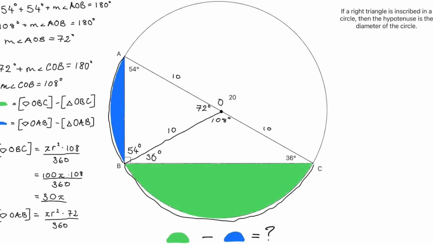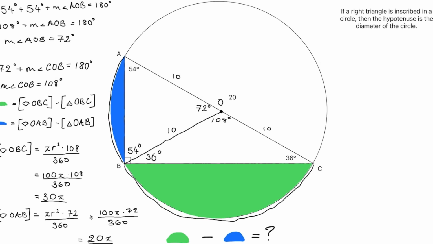And the radius is 10. So this becomes pi times 10 squared, which is 100 pi, times 72 over 360, which simplifies to 20 pi.